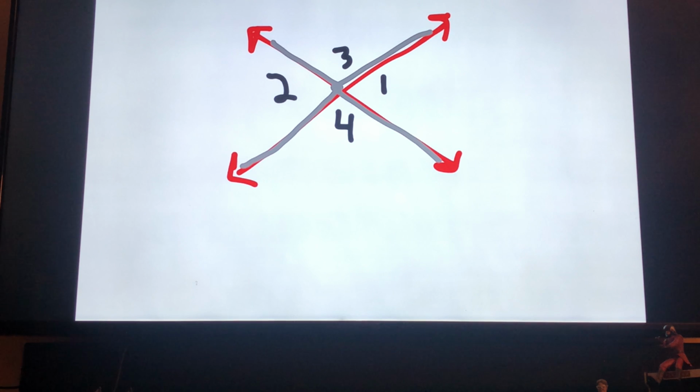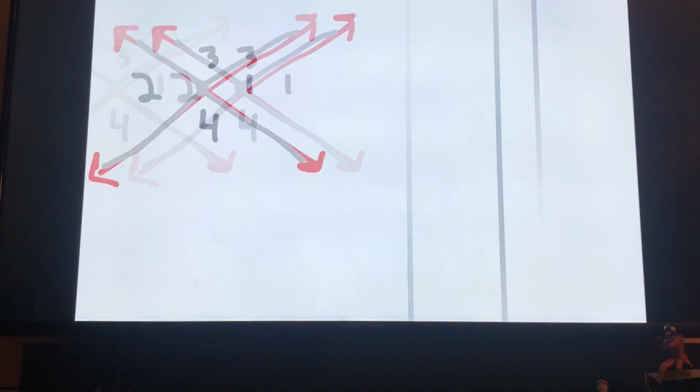Good chance one of them is going to be less than 90 and one of them is going to be over 90. So let's take just that little bit of information here and try to do example 2, and we're going to walk through this together. It says on example 2, if the measure of angle 1 in the above figure is 55 degrees. Okay, so let's go back and see what we have here.